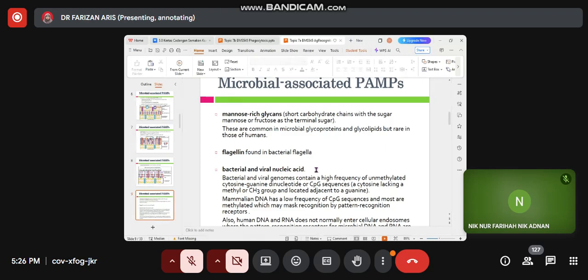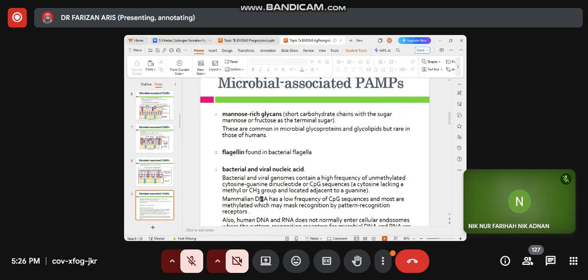Although we know that nucleic acid sequences could be shared by any species across different types, right? Human, animals, bacteria, virus, all of them contain the same ATCG nucleic acid components. So how does our immune system differentiate them? Because of the unique structure, for example, the methylated group.